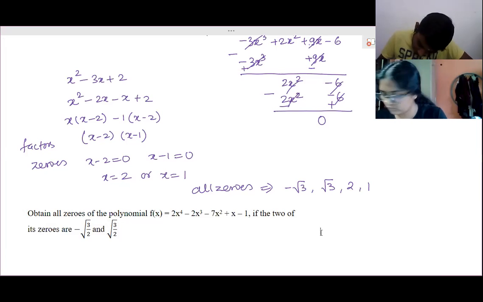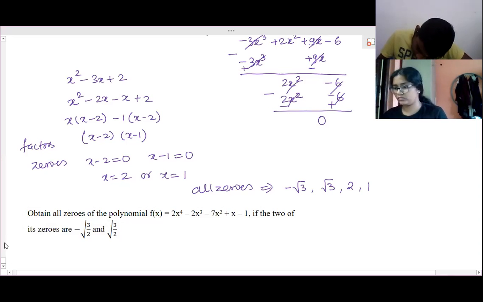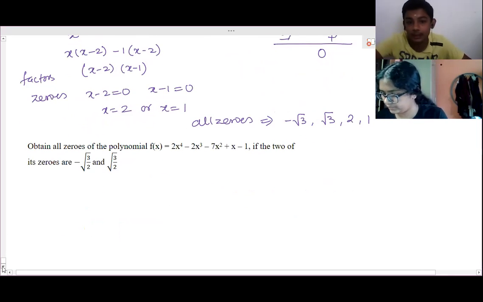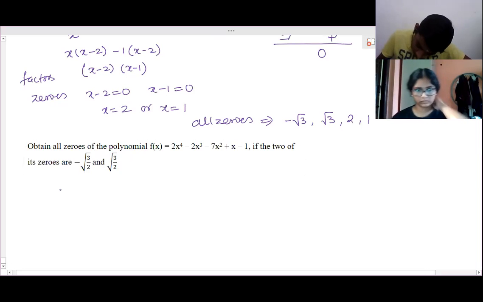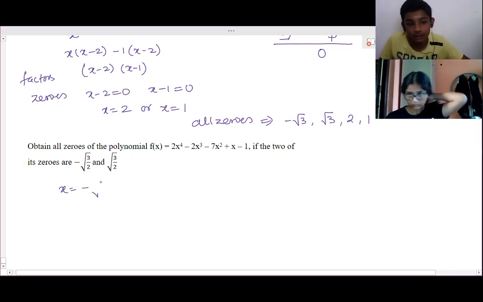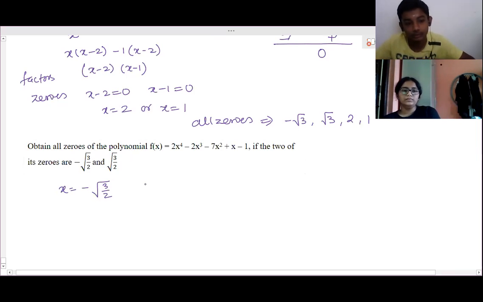This is the 71st. Now those were root 2, root 3, root 5, like that. You know how to solve those. Now in this question, zeros are minus root 3 by 2 and plus root 3 by 2. So x is equal to minus root 3 by 2 and x is equal to plus root 3 by 2, fractional numbers.